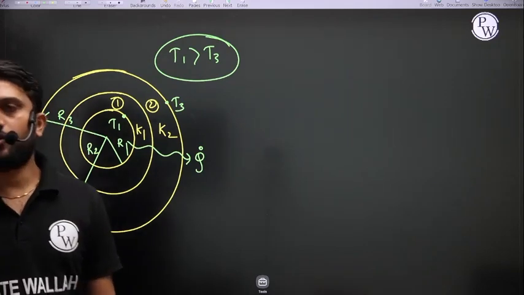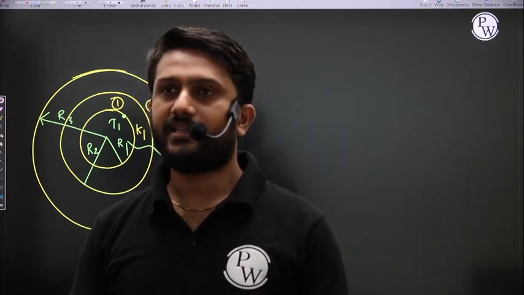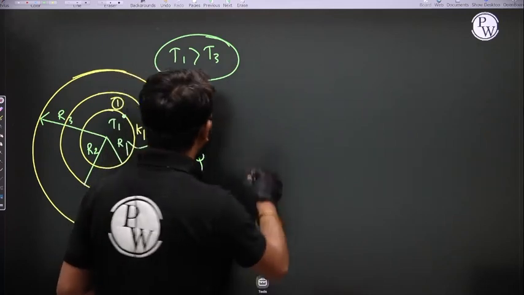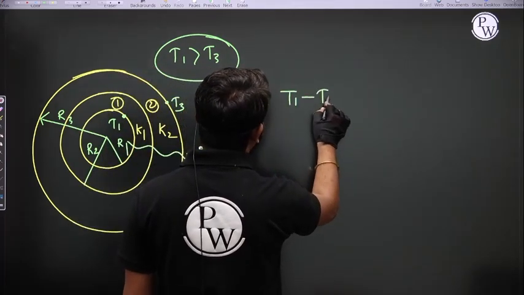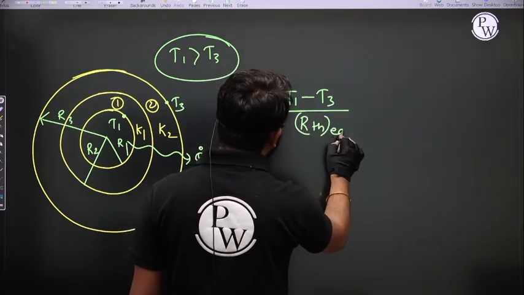First draw the thermal resistance, then find out the equivalent thermal resistance. After getting the equivalent thermal resistance, find out the rate of conduction heat transfer. So the rate of conduction heat transfer Q dot is equal to T1 minus T3 divided by R_TH equivalent. And what is the R_TH equivalent? That is a series connection.